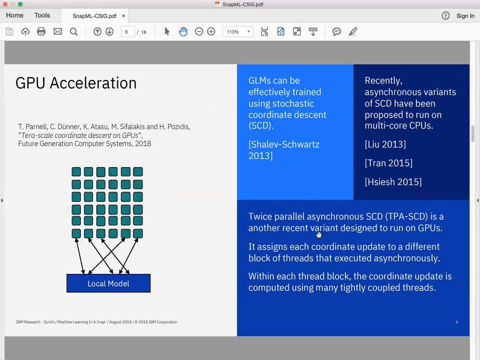And that's an algorithm which we published in a journal earlier this year in this paper, Terabyte-scale coordinate descent on GPUs. The idea is that we map one thread block to process every coordinate in the model and distribute these thread blocks across the whole computing power of the GPU. And we show in the paper that we're able to beat the state of the art, which uses many cores, by at least 10x.